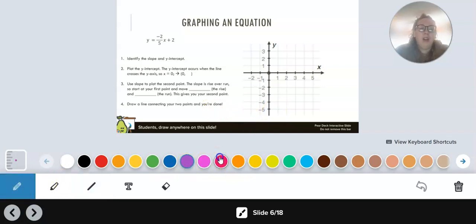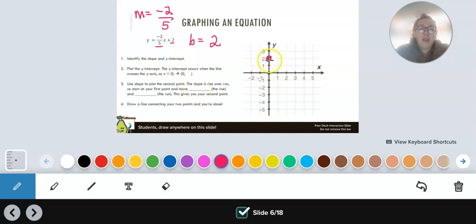So our slope, our m, is negative 2/5, and our y-intercept is a positive 2. And I'm just finding those right from the equation. So our y-intercept is at this positive 2, and our slope is negative 2 over 5.